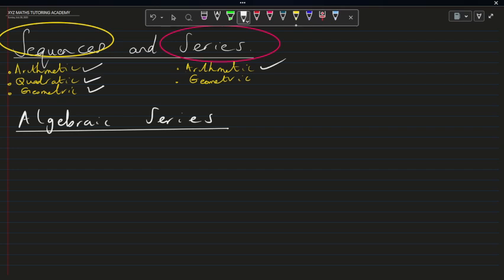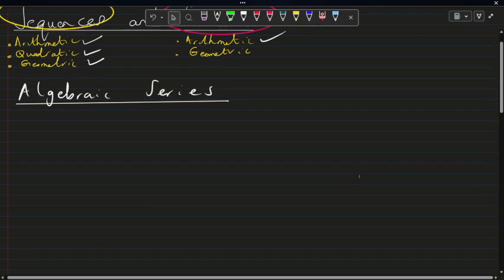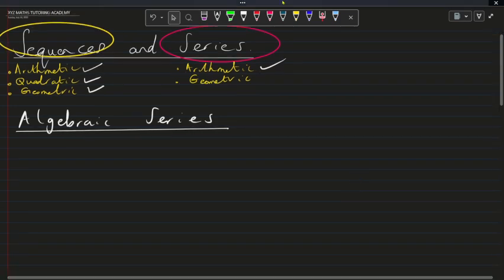We have arithmetic series, which I'm going to talk about now, and then we also have geometric series, which I will cover in a later session. So let's talk about arithmetic series real quickly.